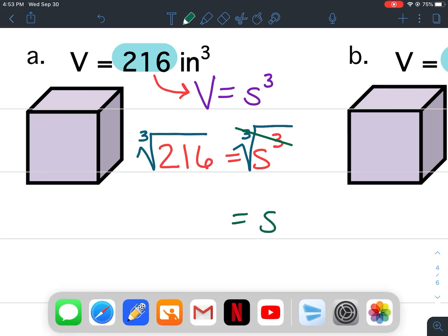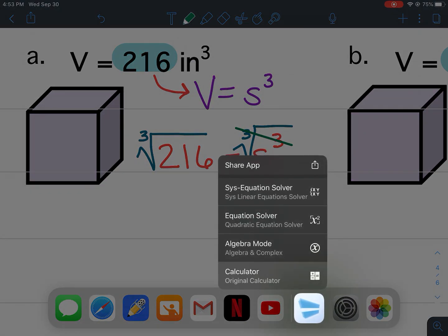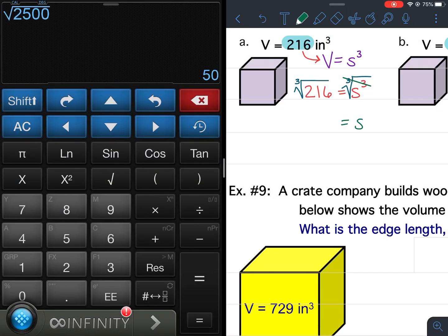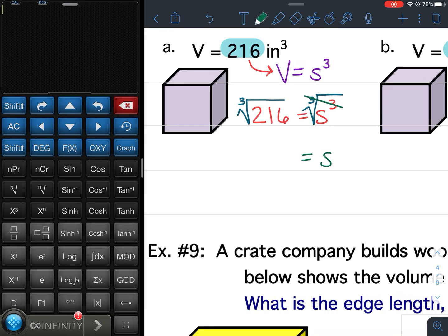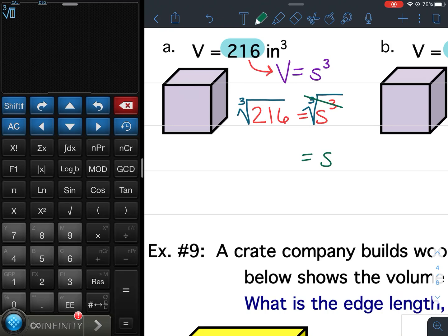And now I'm going to put it on this side. We're going to take the cube root of 216. So, cube root of 216 equals 6. So 6 equals S. Again, no units in there.